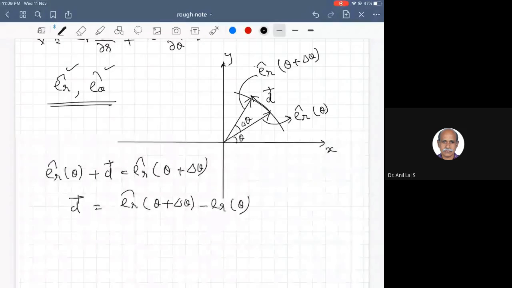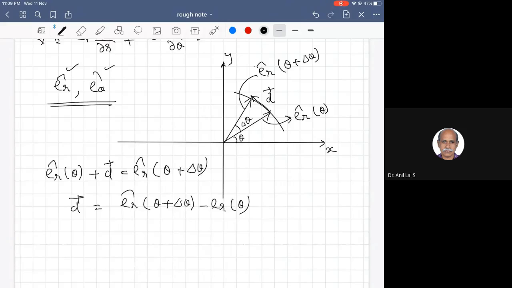If you look at the magnitude of d, which is the magnitude of er multiplied by delta theta, for smaller delta thetas, the length of the d vector can be written as delta theta into the unit vector along the d direction.